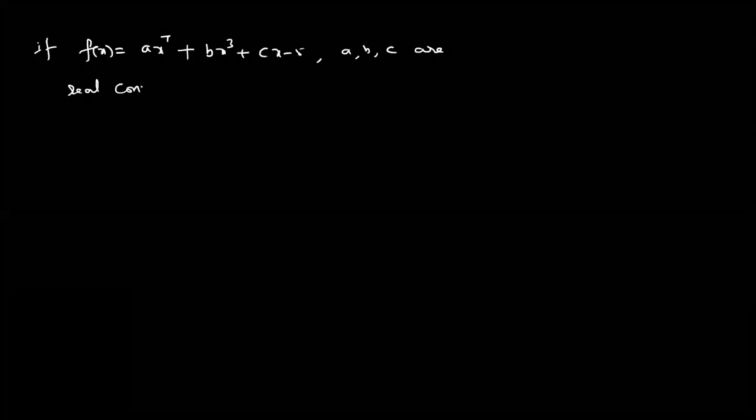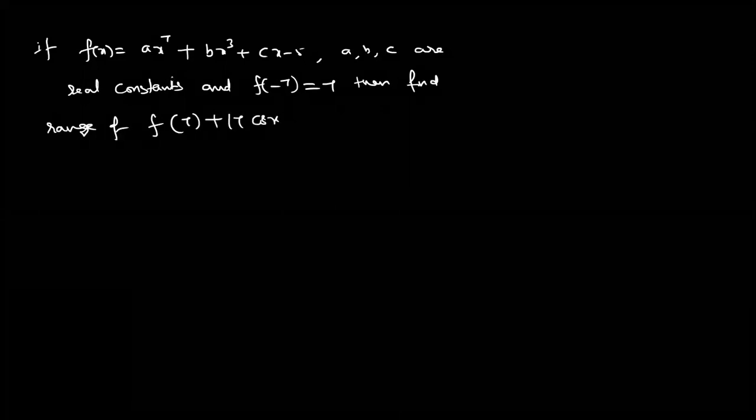Question: if f of x is equal to a x power 7 plus b x cube plus c x minus 5, where a, b, c are real constants, and f of minus 7 is equal to 7, then find the range of f of 7 plus 17 cos x.